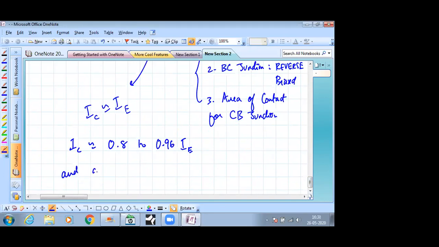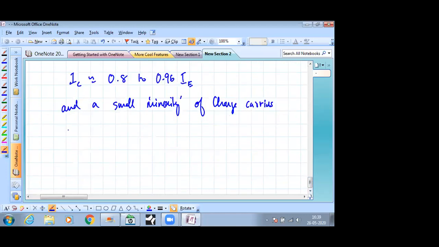And of course, a small minority of charge carriers recirculate through this battery from the base pin. I'll explain.